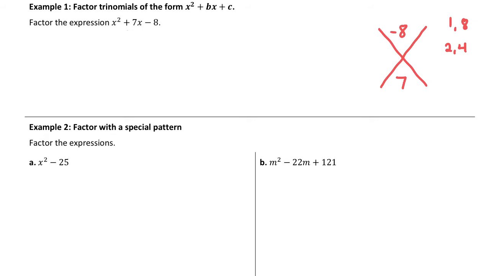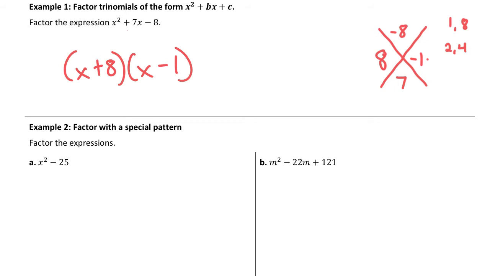Well, I would think positive 8 and negative 1 would do the trick, because 8 plus negative 1 is 7, and 8 times negative 1 is negative 8. So when I go back to factor this, the way I would write this in factored form would be x plus 8 times x minus 1.